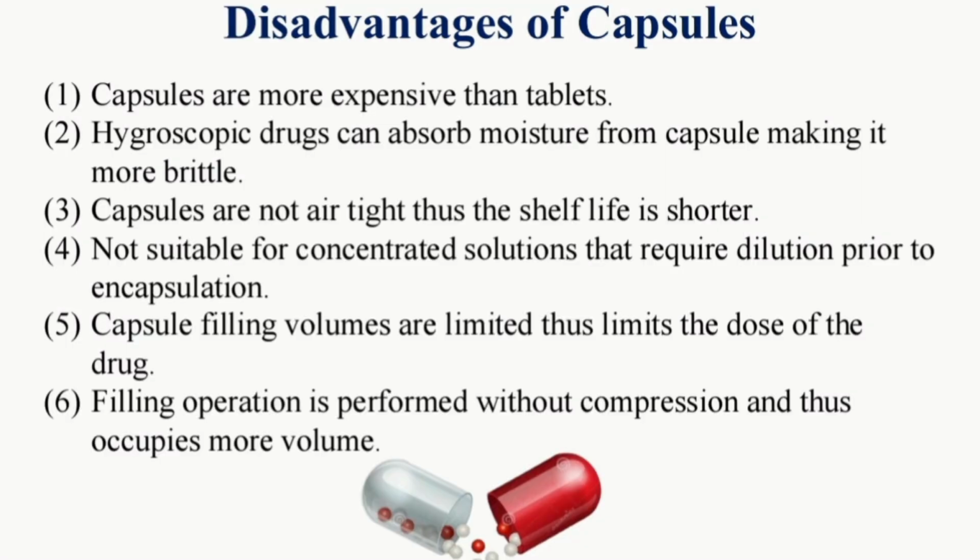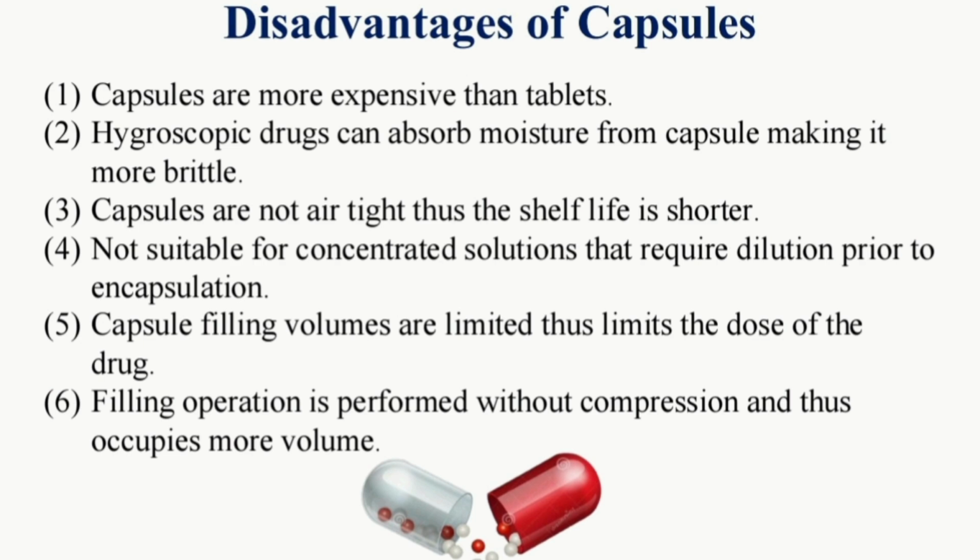Here are some disadvantages also. Let's see. Capsules are more expensive than tablets. They are hygroscopic. Drugs can absorb moisture from the capsule, making it more brittle. If the drug is hygroscopic, it can absorb the moisture, and so the capsule shell can become even more brittle. They are not airtight, thus the shelf life is shorter.